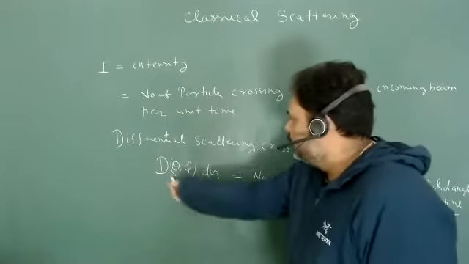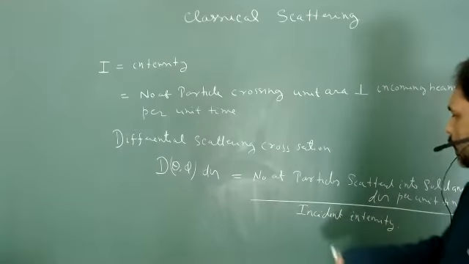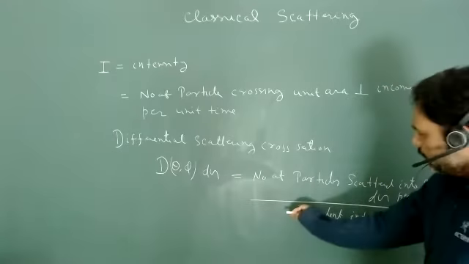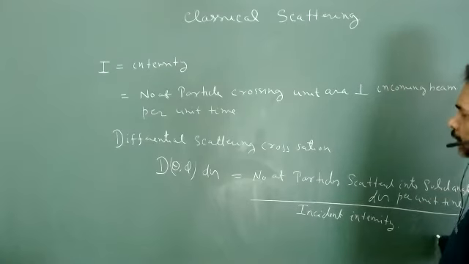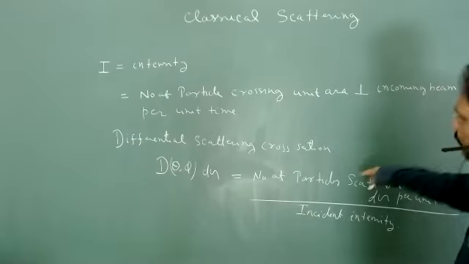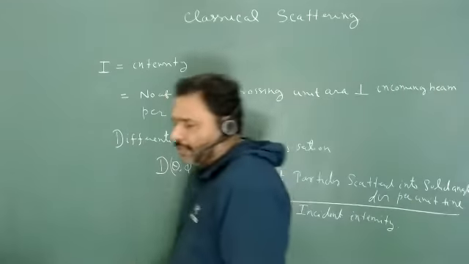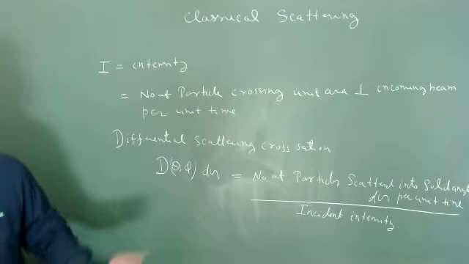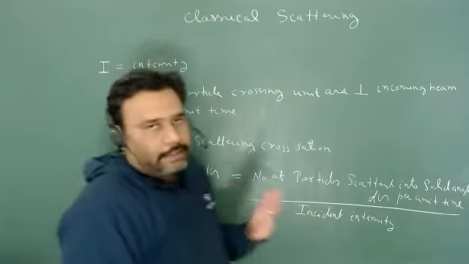Number of particles is there, per unit time is there, but here we have per unit area also, isn't it? So everything will cancel out dimensionally and per unit area will go upward, so this differential cross section is nothing but the dimension of area. Are you people going to understand this thing?